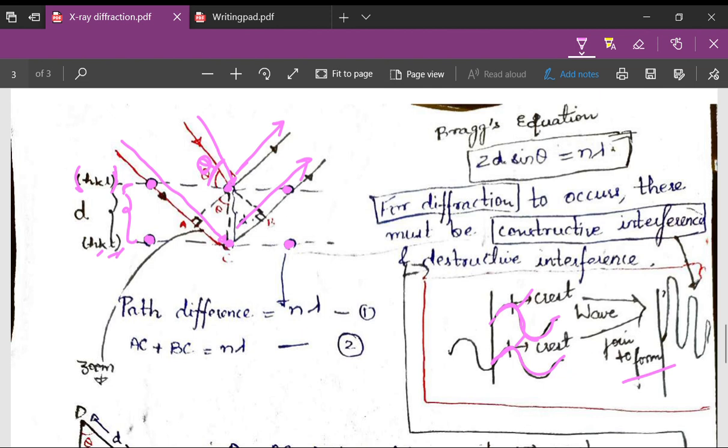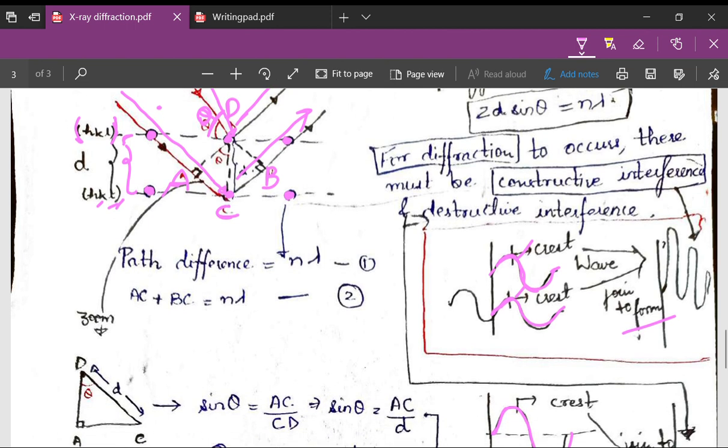For this ray of light, suppose this is A, this is C, this is B, and this is D. So the path difference to be traveled should be equal to n lambda, that is, AC plus BC is equal to n lambda.